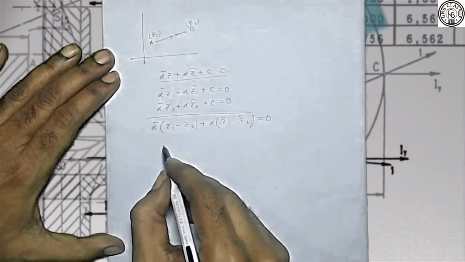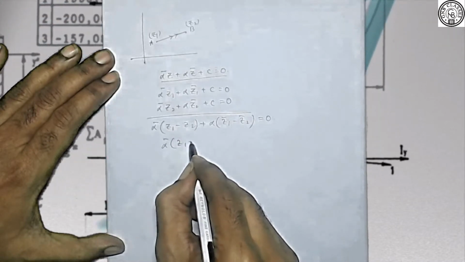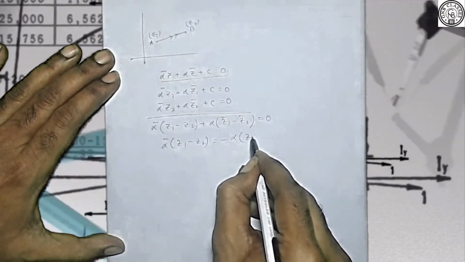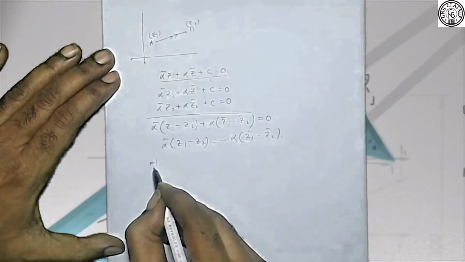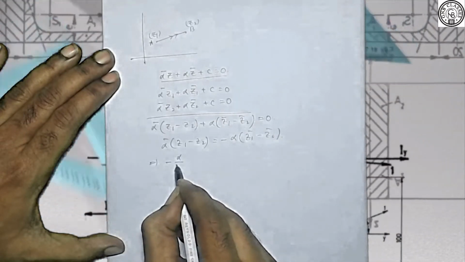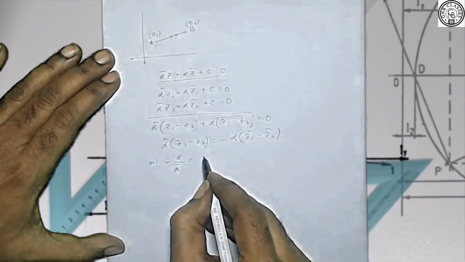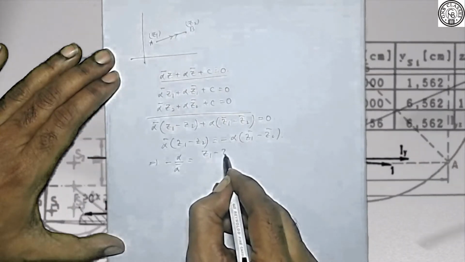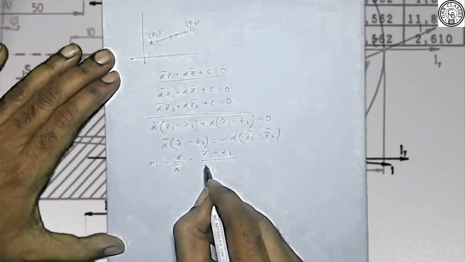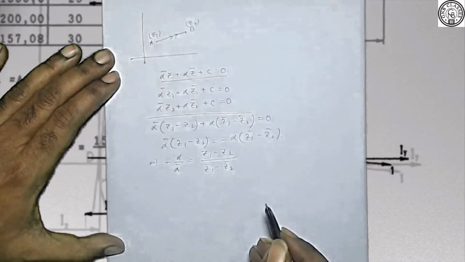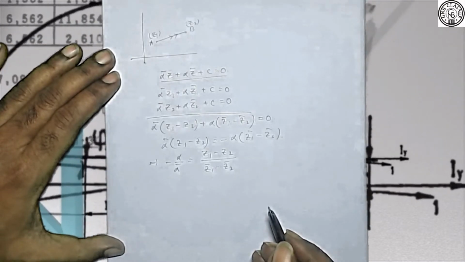Correct? So from here we can write minus alpha by alpha bar is nothing but (z1 minus z2) divided by (z1 bar minus z2 bar). Tell me yes or no.